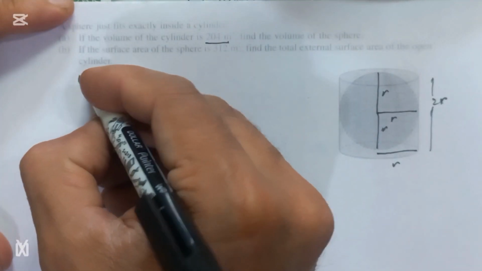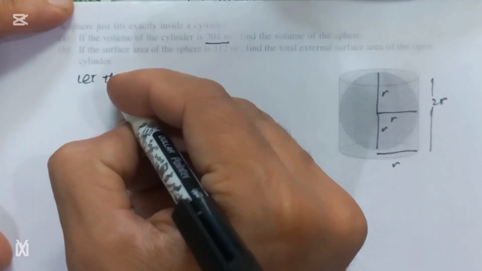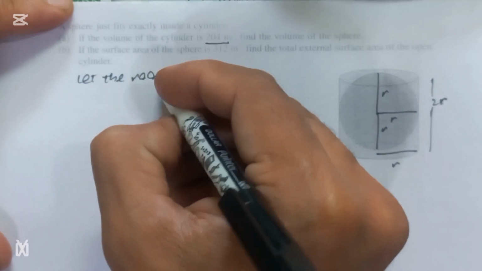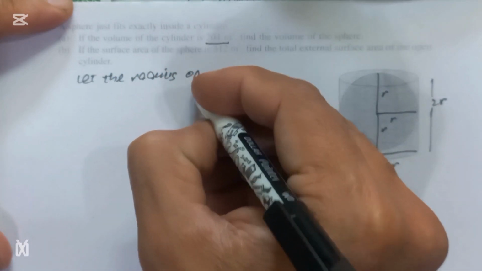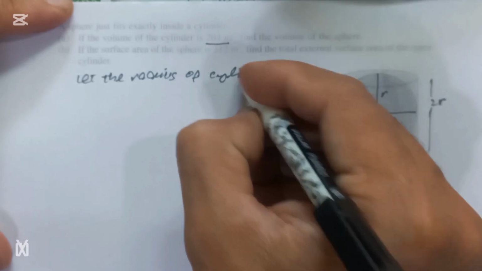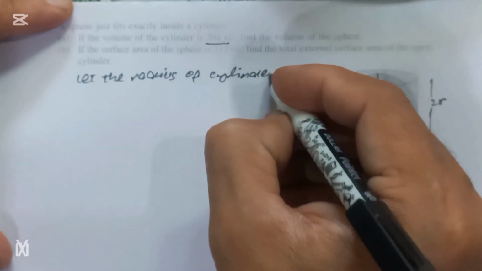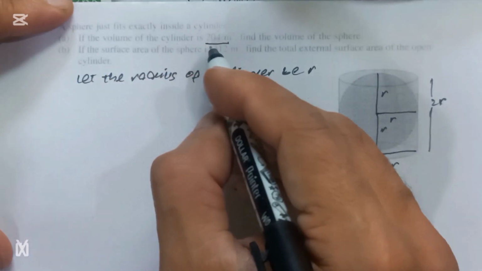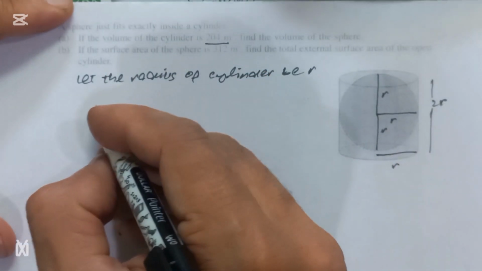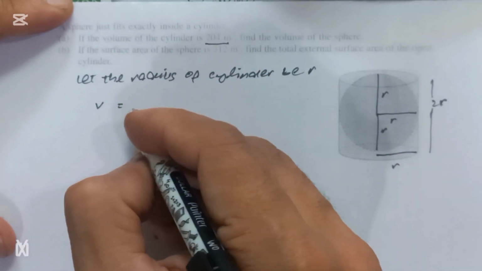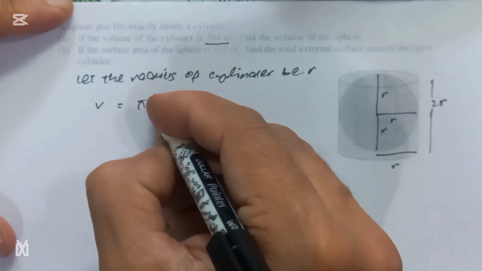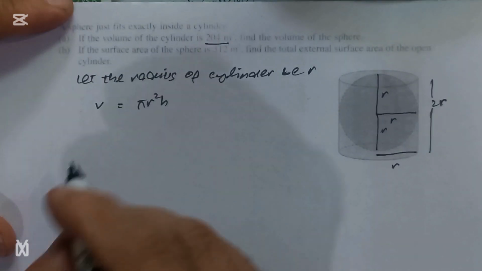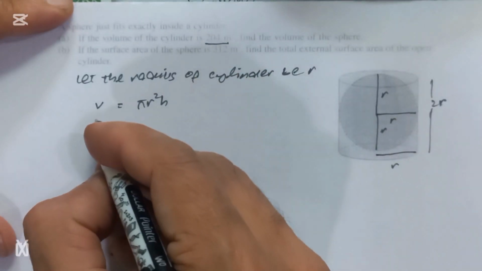So we have let the radius of cylinder be R. Okay, now the volume of the cylinder is given. So volume of the cylinder's formula is pi r square H. Volume is given, that is 204.